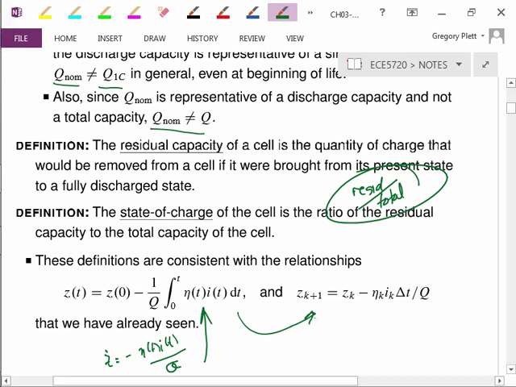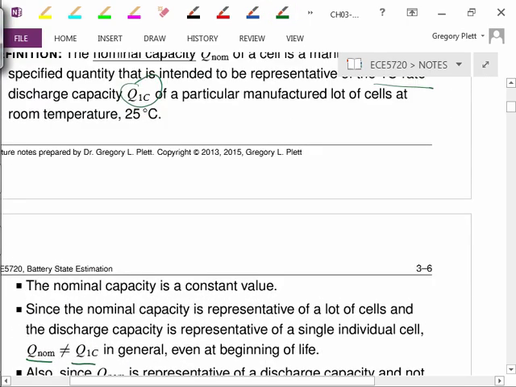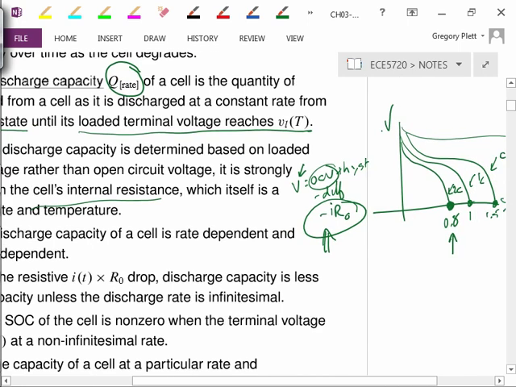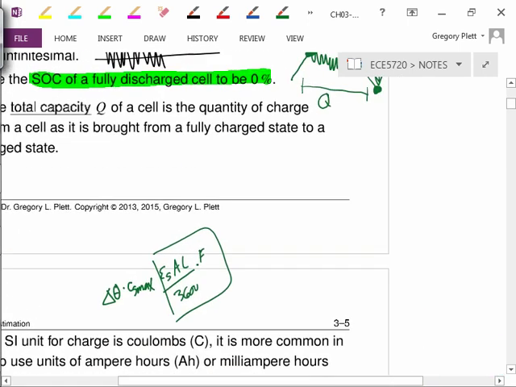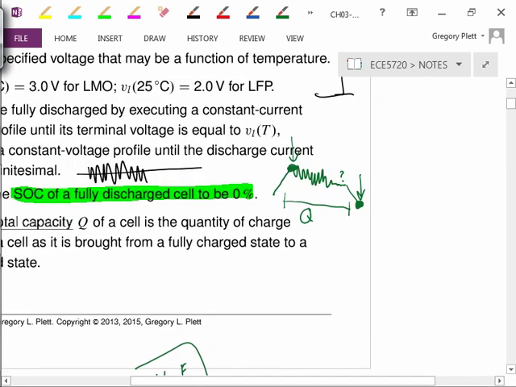But we go back to our lab test result, right here. How do I know the state of charge in a lab test? Well, I can find the total capacity by adding together all of the ampere hours from the beginning calibrated point of 100% state of charge to the end calibrated point of 0 state of charge.